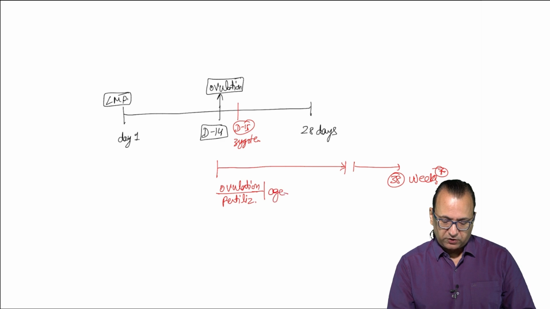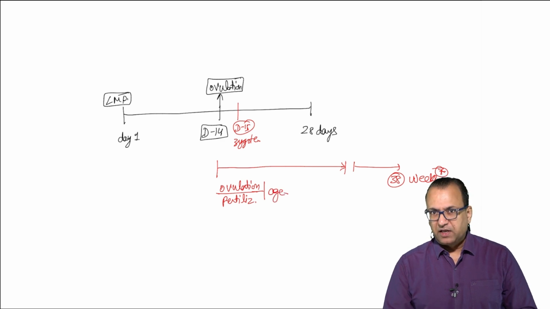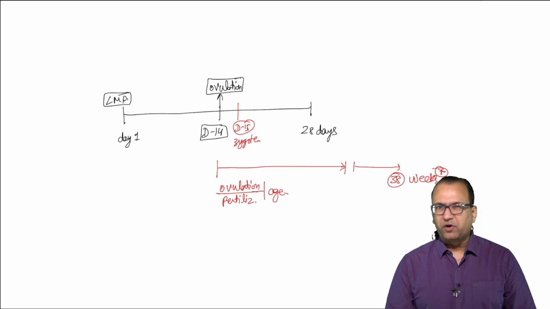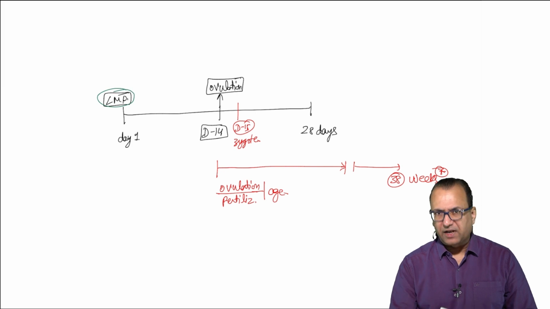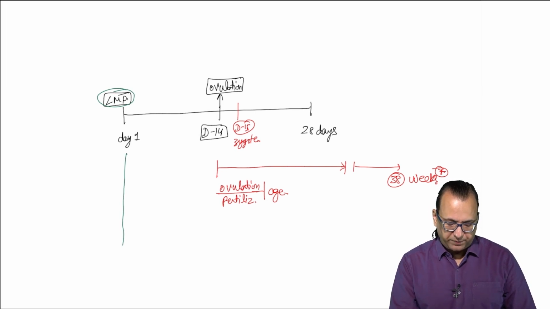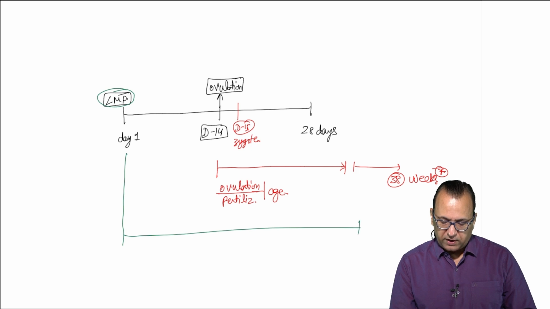That is what we are talking about. But that is important in embryology or radiology. What about clinics when the lady comes to you? She will be telling you the last menstrual period. So you have to calculate from the last menstrual period, and that is what we call the gestational age.